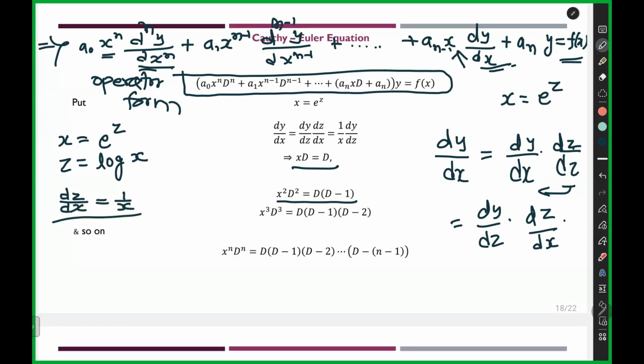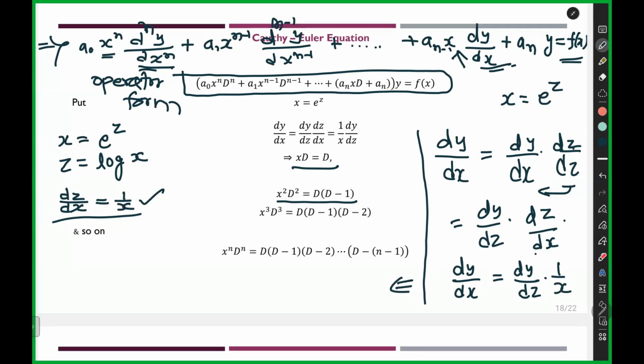So dy by dx equals dy by dz times dz by dx, which is 1 by x. So you are simply writing that x dy by dx equals dy by dz.